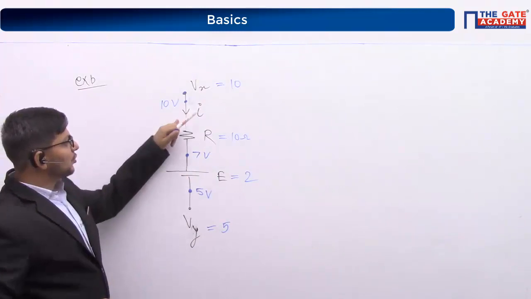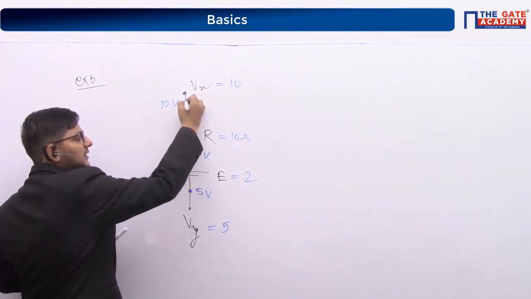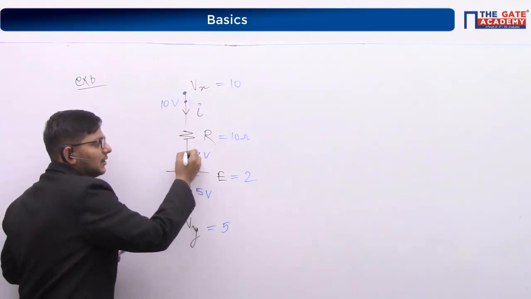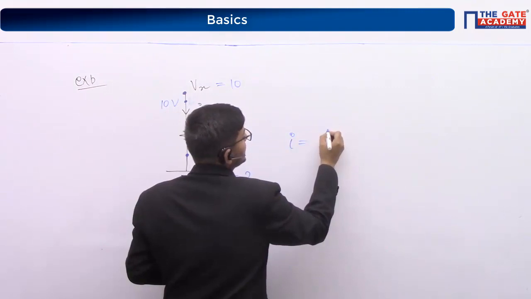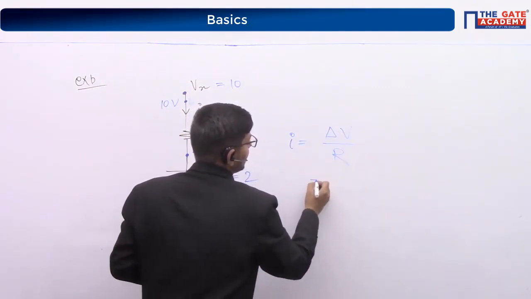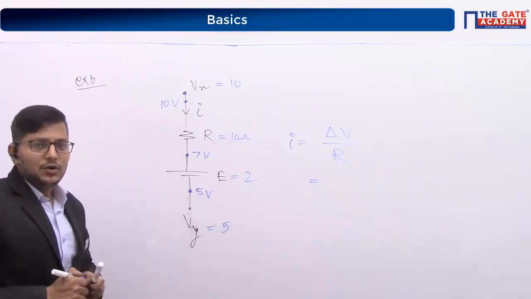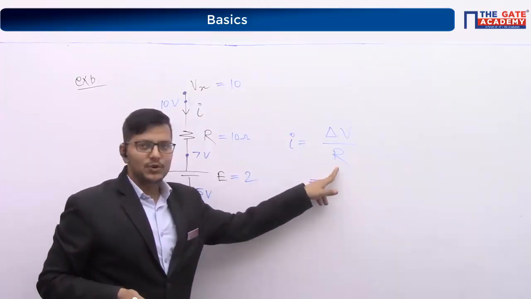Now what is the voltage across this resistance? This point voltage is 10, this point voltage is 7. Current equals the difference of voltage upon resistance. I equals change in voltage upon resistance.